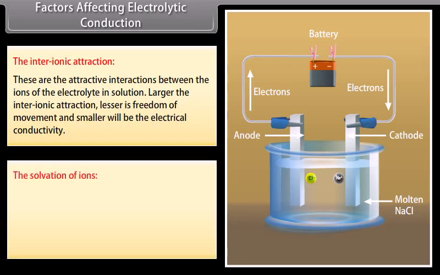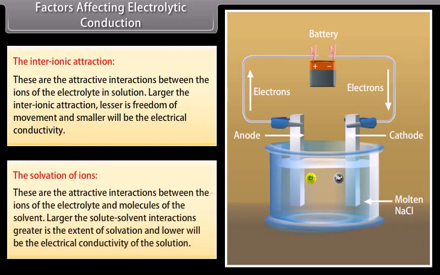The solvation of ions. These are the attractive interactions between the ions of the electrolyte and molecules of the solvent. The larger the solute-solvent interactions, the greater the extent of solvation and the lower the electrical conductivity of the solution.